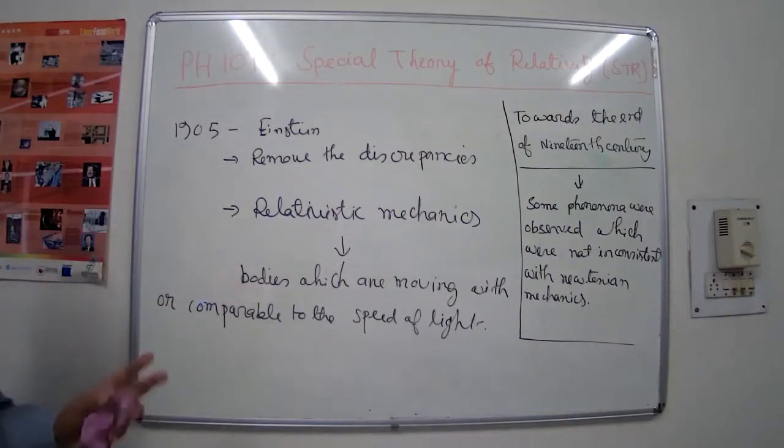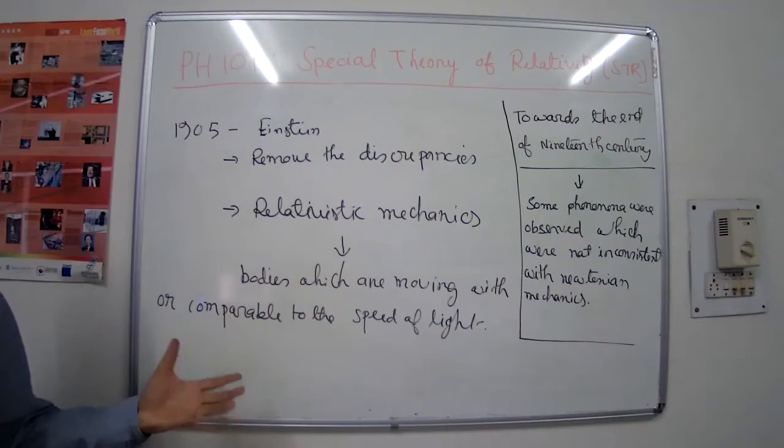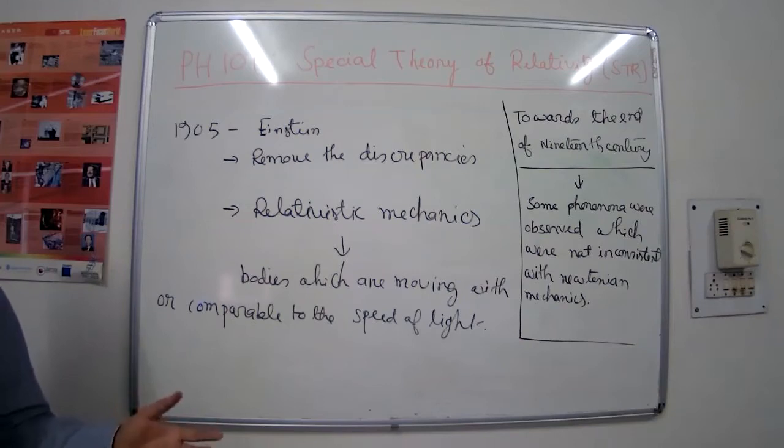So the body has to travel at the speed of light or comparable to it. Then whatever Newtonian mechanics was able to predict or explain will not be sufficient, and you need a different form of mechanics that is called the relativistic mechanics.